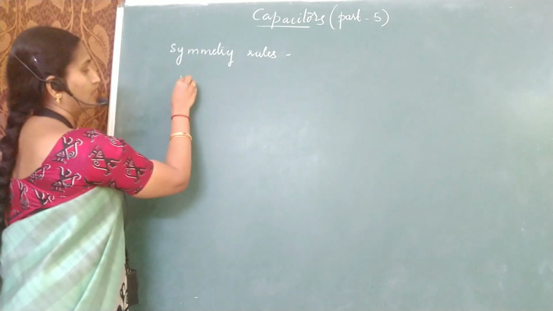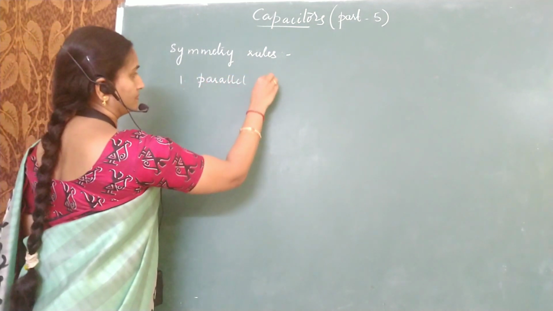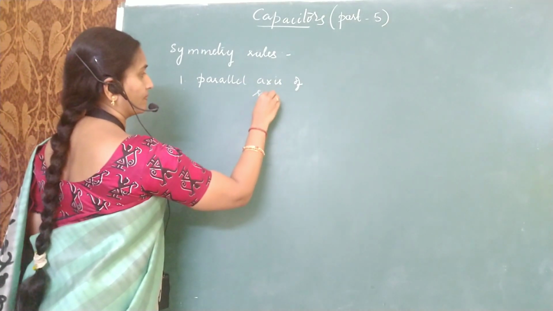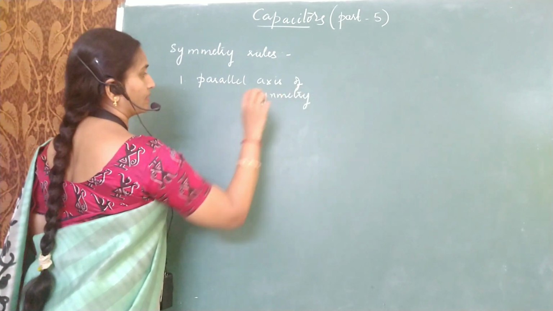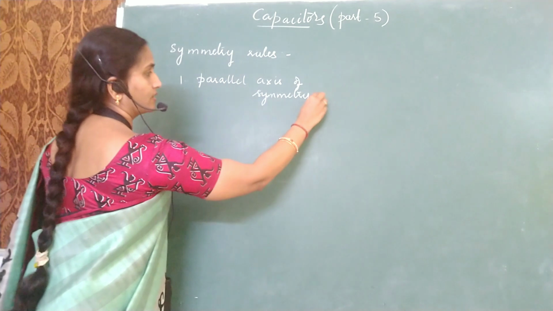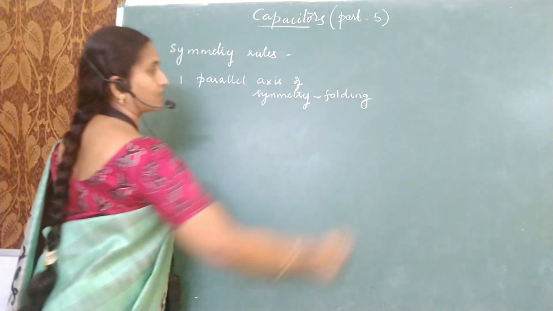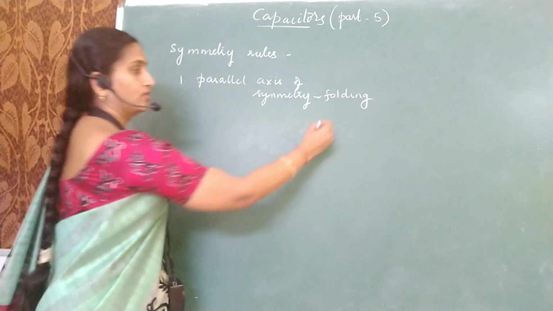The first one is called parallel axis of symmetry. This is also called folding axis. The other name that we give for parallel axis of symmetry is folding axis of symmetry.